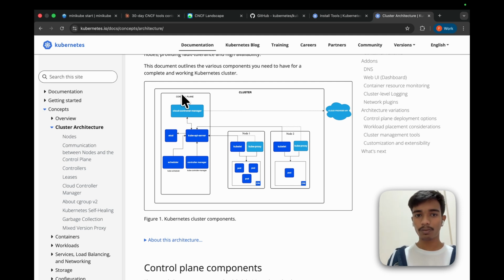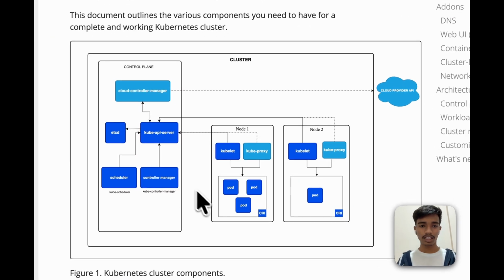The control plane is the brain. The API server is the main entry point, and every command goes through it. etcd is the database where all the cluster information is stored. The scheduler decides which node should run a pod, and the controller manager constantly checks whether what is running matches what you asked for. So if you ask for three replicas, it ensures that exactly three replicas always exist.